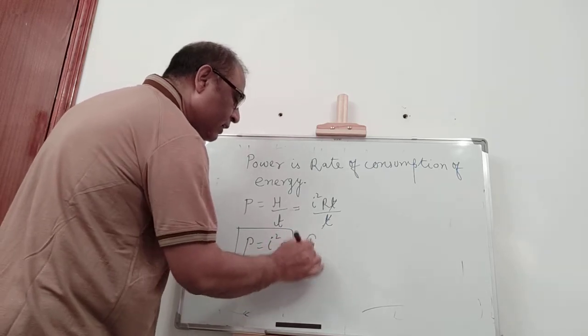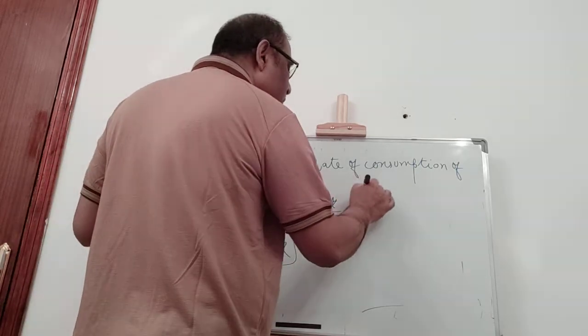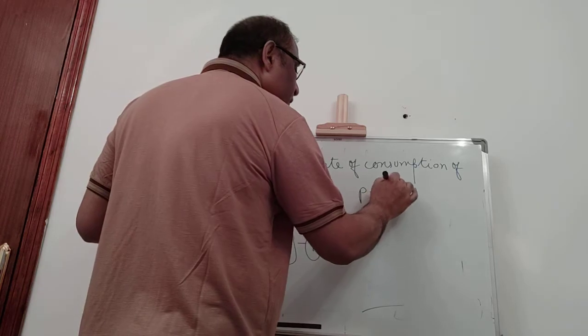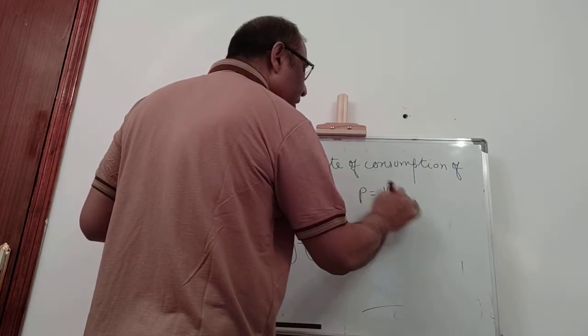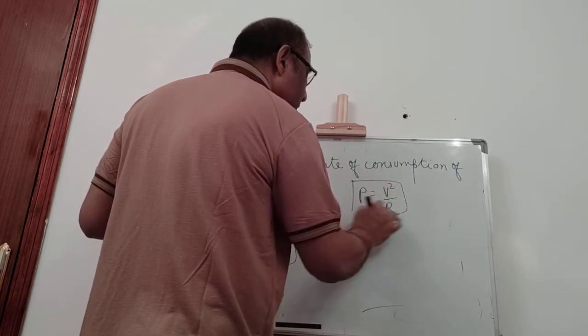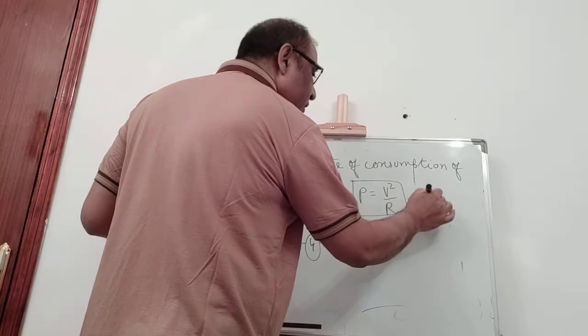This is the fourth formula. Similarly, power is equal to V square upon R, by removing T. This is the fifth.